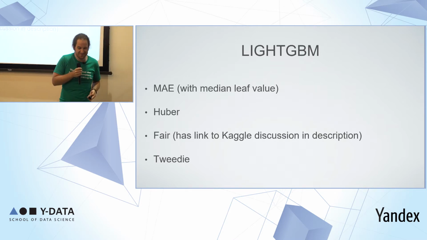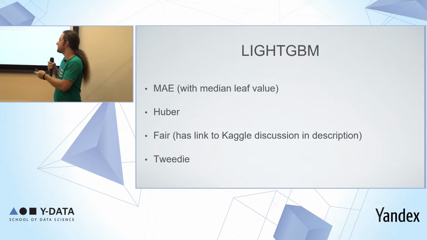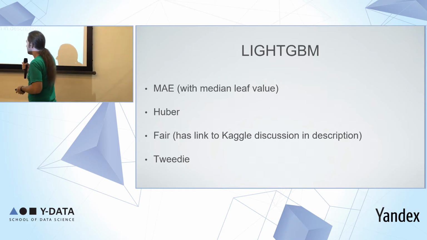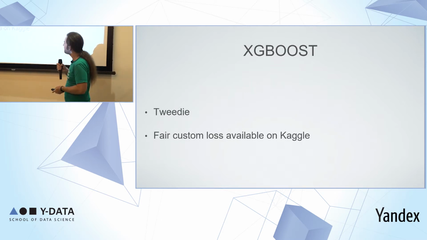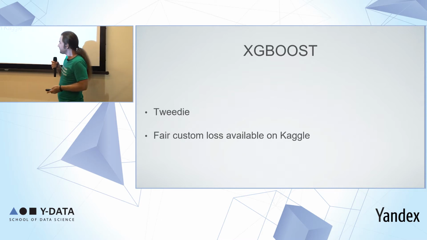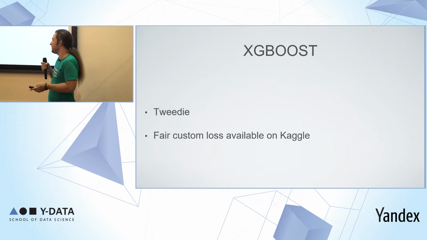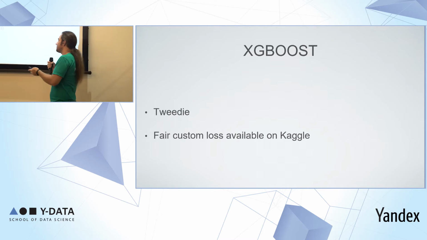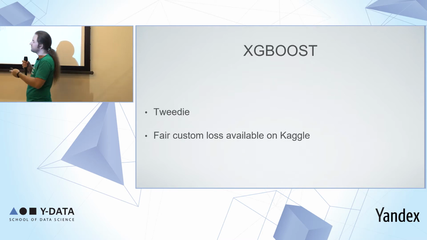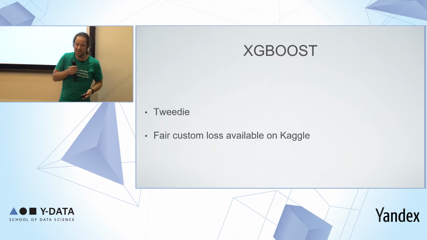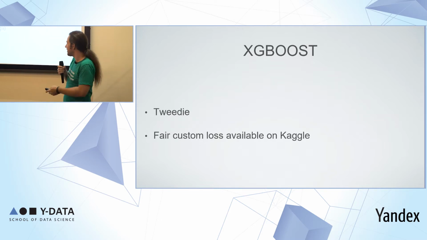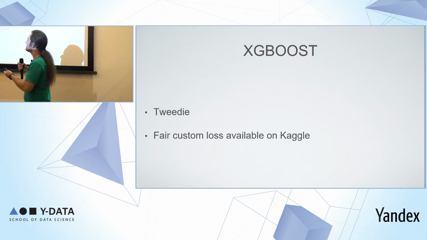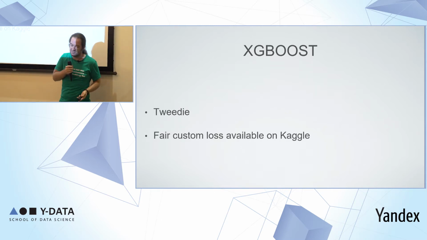They also have Huber loss. In XGBoost, there is Huber loss, and fair loss is available on Kaggle in a kernel for a competition with the mean absolute error, but it's not introduced in the library.